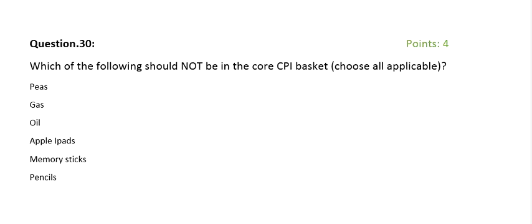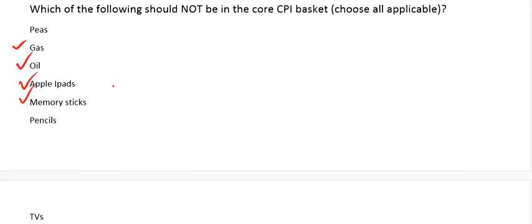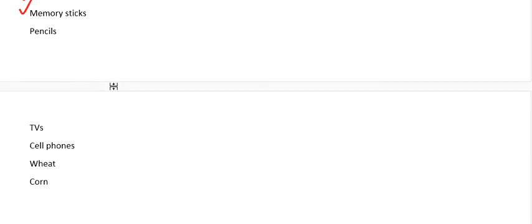30. Gas, oil, iPod, money, memory sticks, TV, cell phone, uniform.